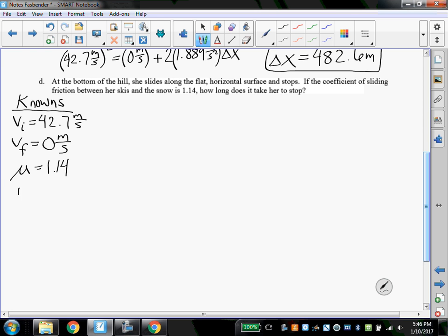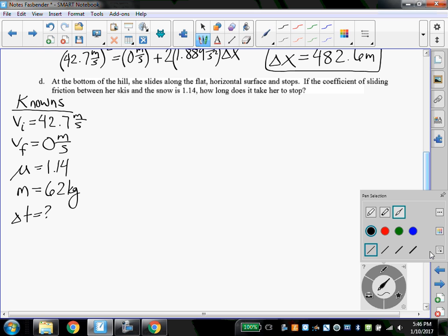Well, actually, maybe I should add some stuff that we already know about her. We know her mass is 62 kilograms. And I suppose that might be it. All right, so now we want to know how long is it going to take her to stop.